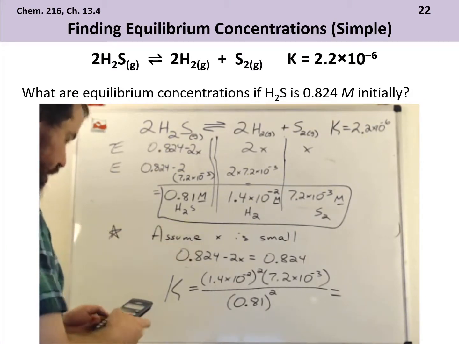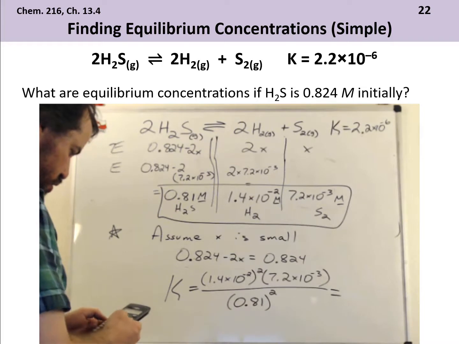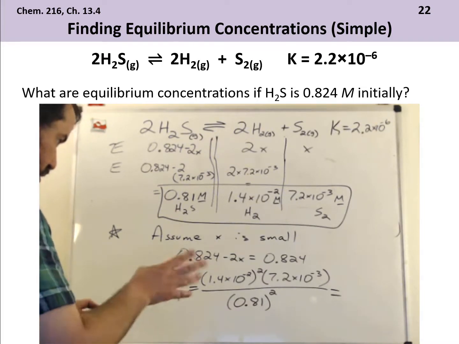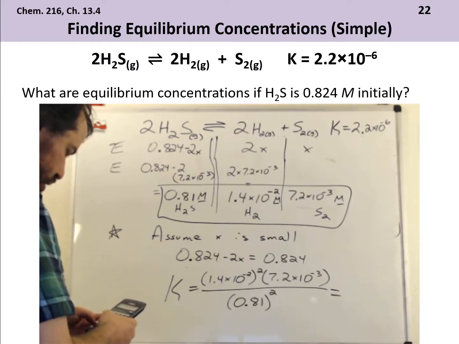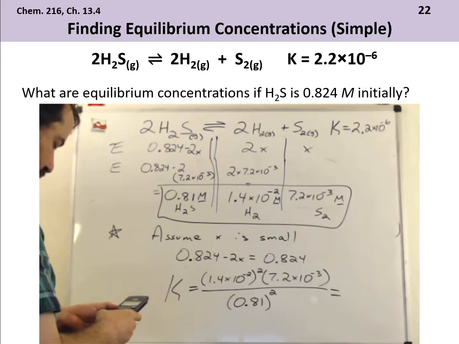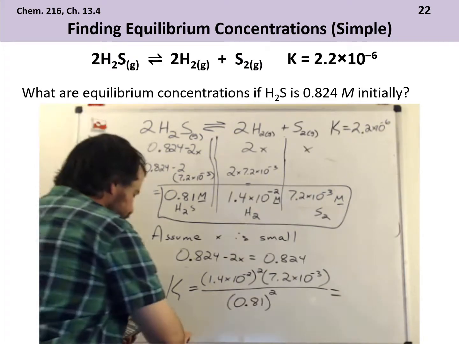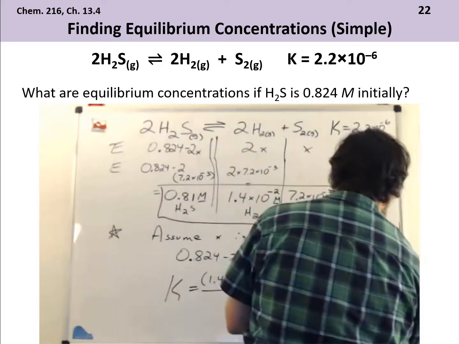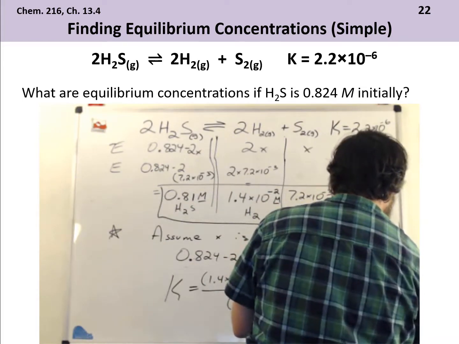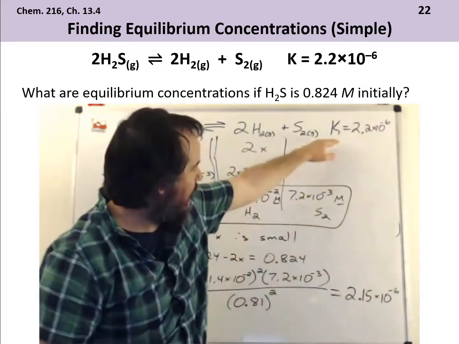I'm not gonna do it step by step because you can do that later. But what do I end up with? I end up with 2.15 times 10 to the minus 6 for my answer.